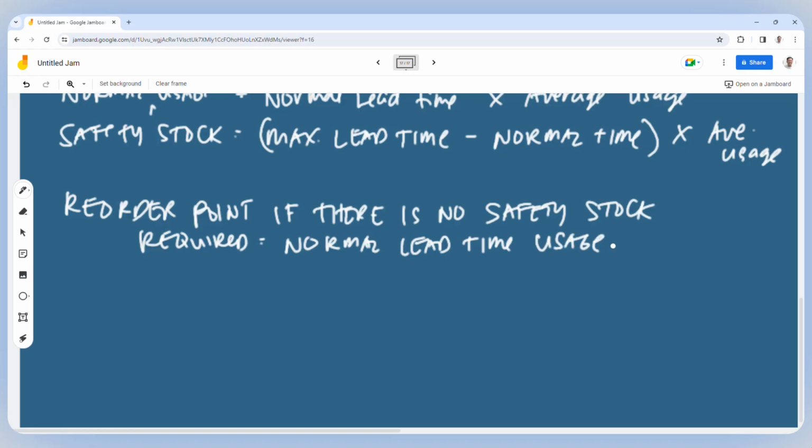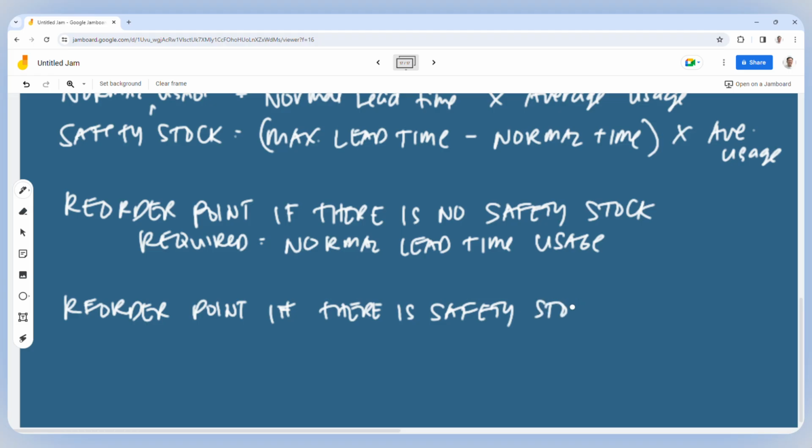That's the time wherein you order your goods until na dumating yan, no? Normal lead time usage. What if naman class is that there is a reorder point if there is safety stock. Okay, ano yung required niya class? Kung meron tayong tinatawag na safety stock. Okay?